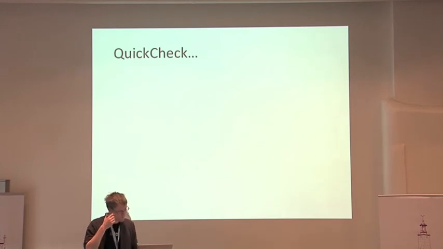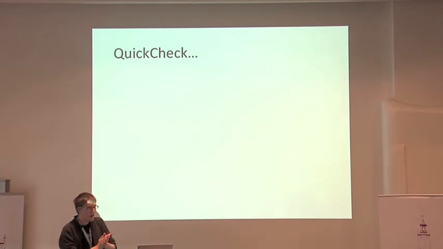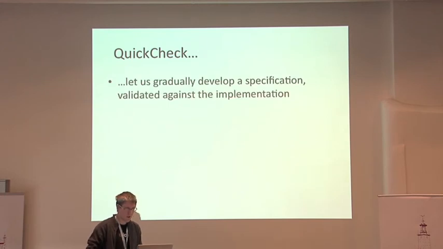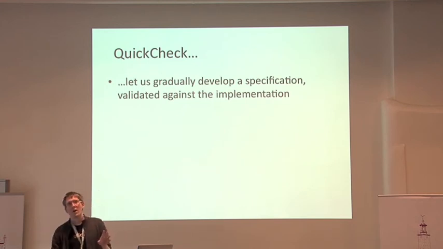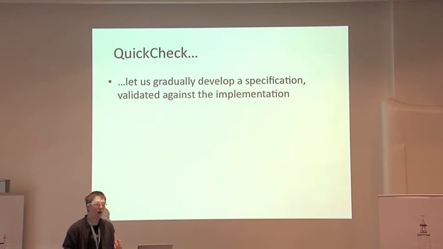Okay, so what were we doing here? We were using QuickCheck, which let us start off with a super simple specification, which we knew was wrong, but it was very helpful as a starting point, because we didn't really know what the right specification should be.